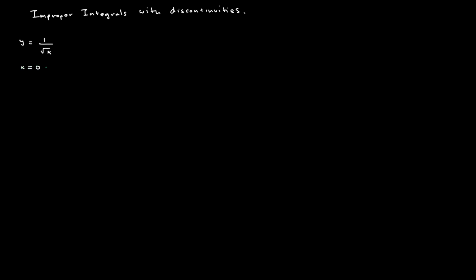This is undefined, right? Because we're dividing by 0. But the question is, is it still possible to find the area of this function, even though we are never going to hit 0, but we will tend closer and closer to 0, and the function will kind of behave like this.